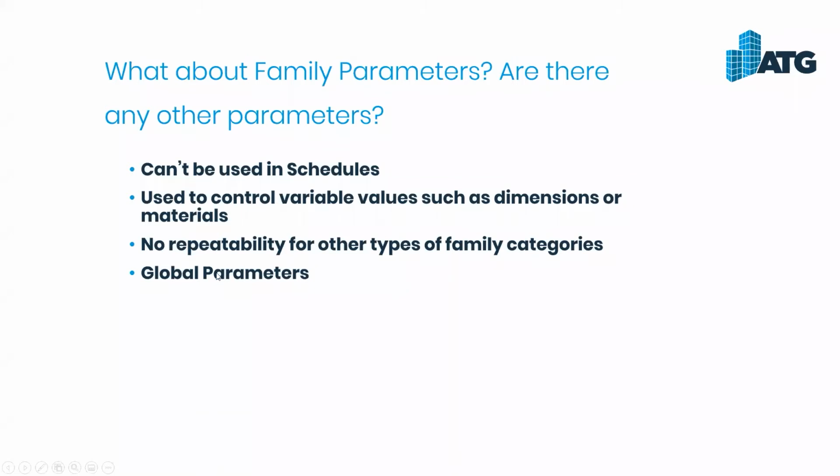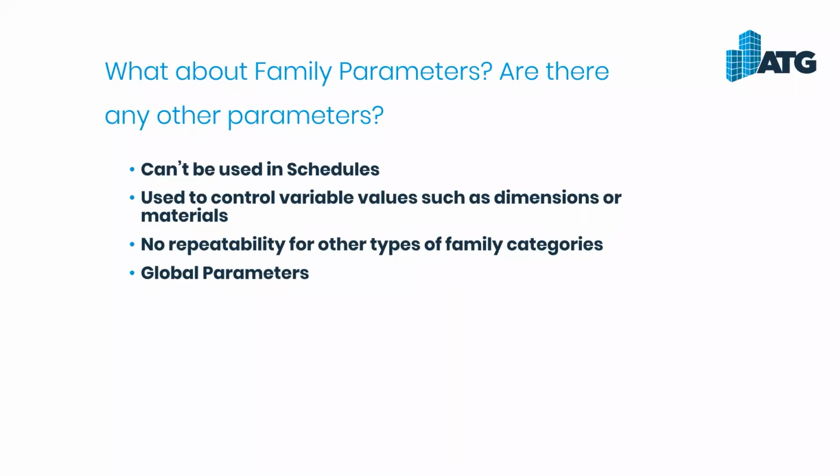The other item I like to point out, and a lot of people don't tend to use it as much, is a global parameter. Where you might see this being used, and this is more of an in-project type parameter, might be on dimensions.